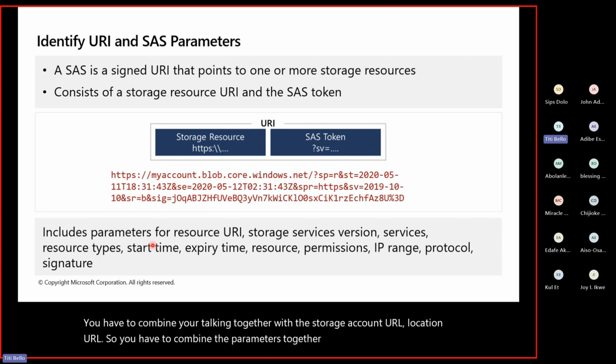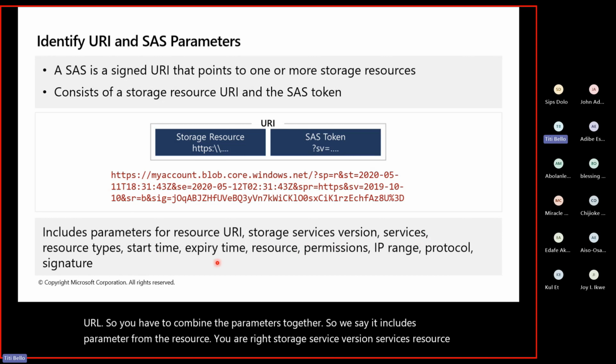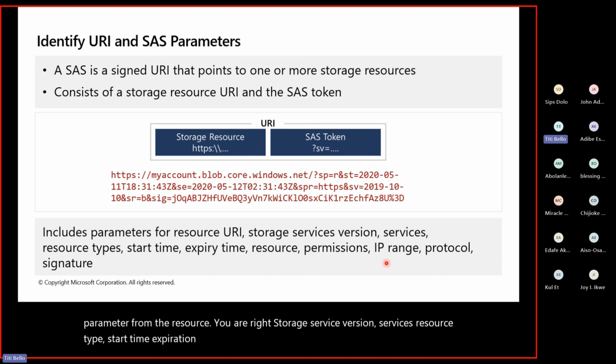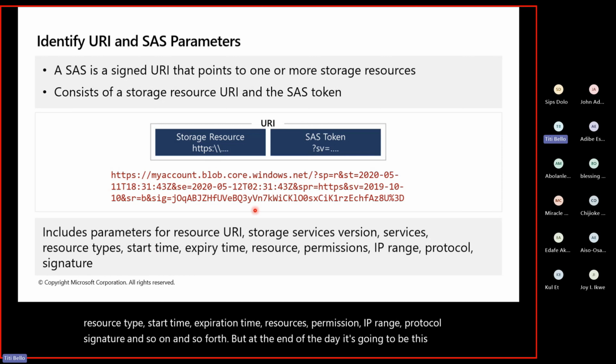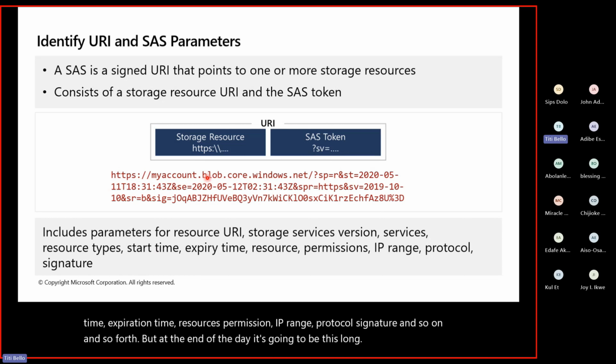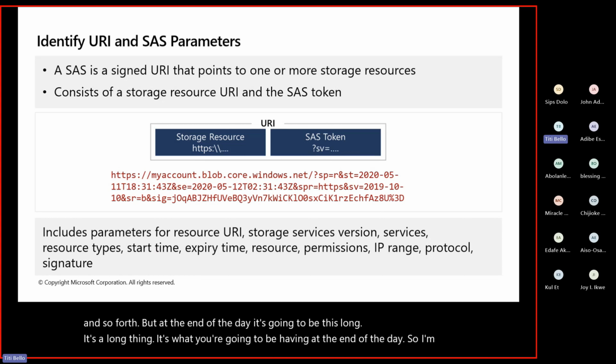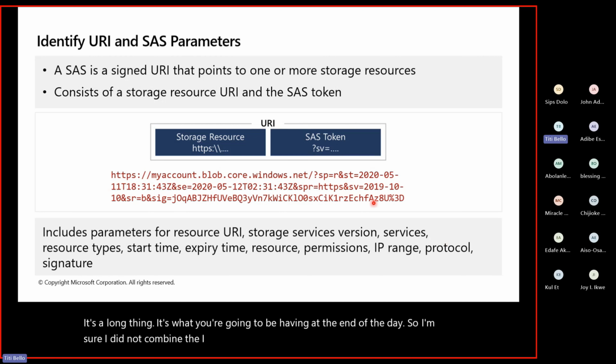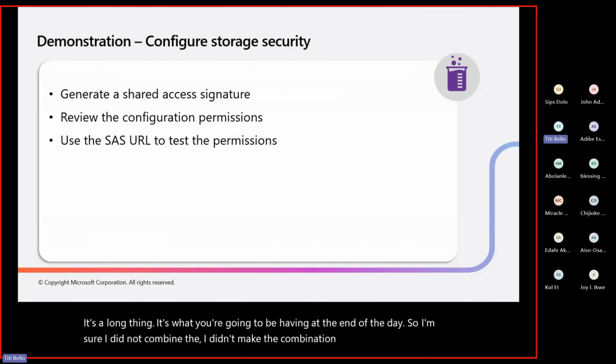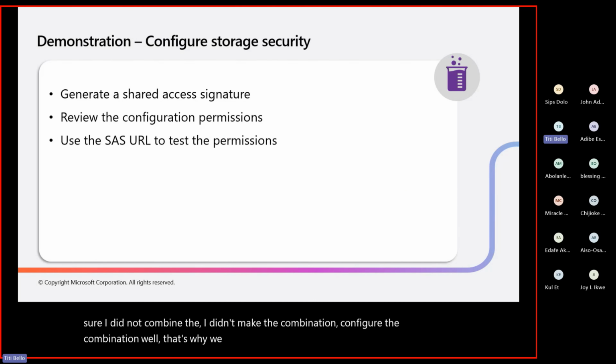It includes parameters from the resource URI, storage service version, services, resource type, start time, expiration time, resources, permission, IP range, protocol, signature, and so on and so forth. But at the end of the day, it's going to be this long string. I'm sure I didn't configure the combination well, and that's why we had the error the other time.